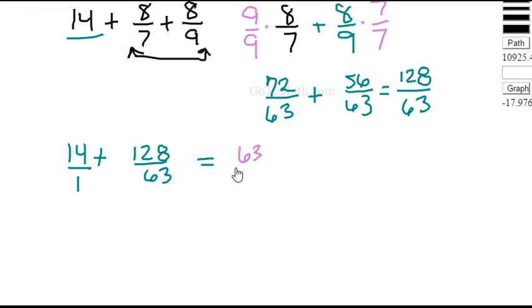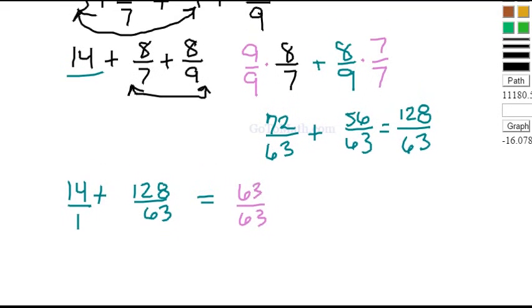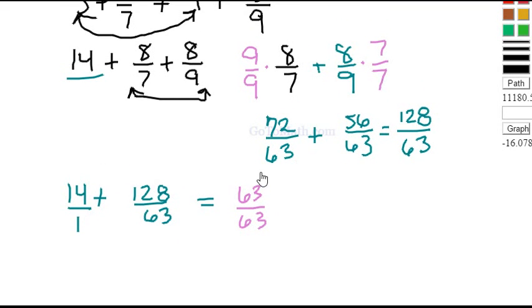That means 63 over 63 will be written next to 14 over 1 plus 128 over 63, and so now we have a common denominator.